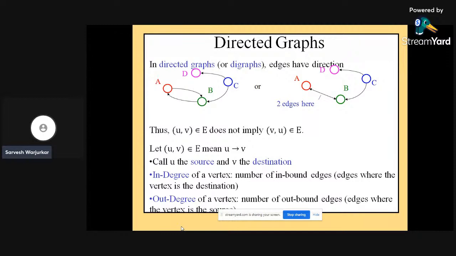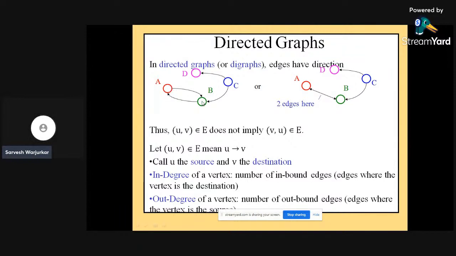Like in the first diagram, I can say the in degree of the vertex A is 1. Only one edge is pointing towards A. That's why we call the in degree of A 1.